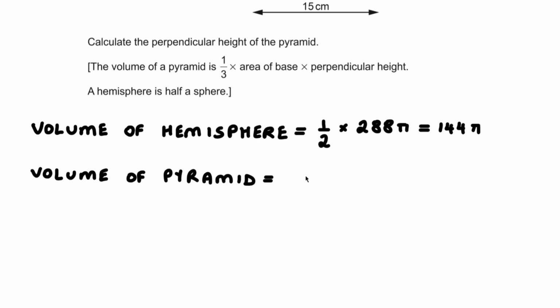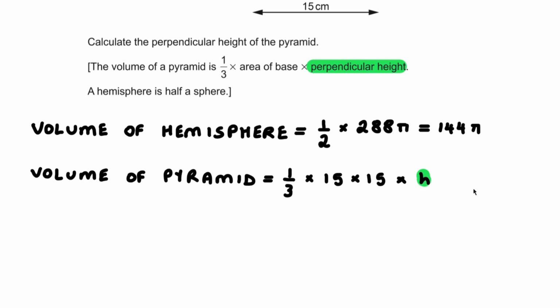The volume of the pyramid is a third times the area of the base, which is 15 times 15, times the perpendicular height. We'll call that perpendicular height h.